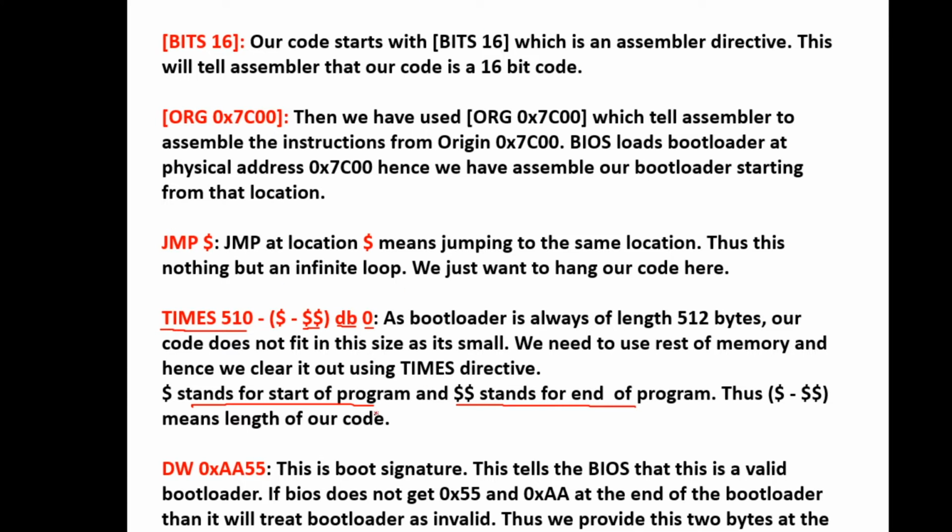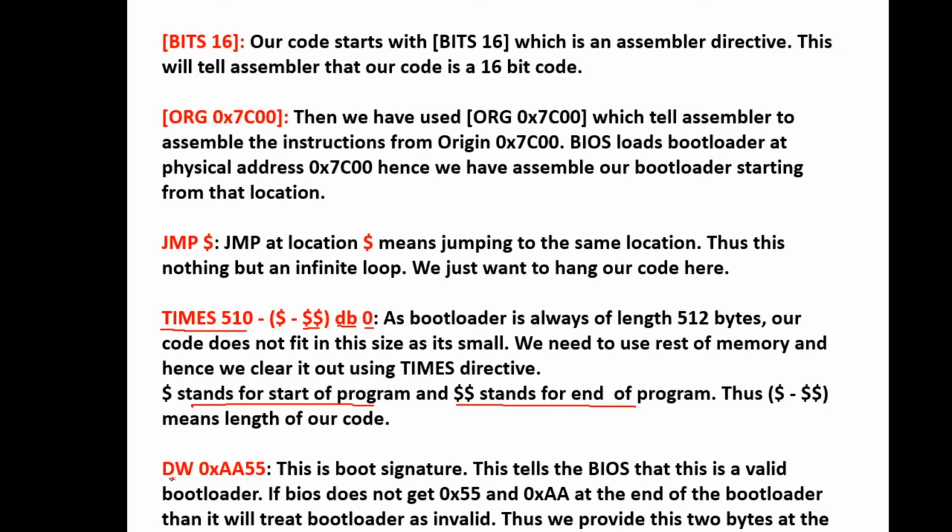That memory difference gets subtracted from 510, because the last 2 bytes are going to be accommodated with the magic number. For all the rest of the places we are going to store 0. Times indicates the same operation gets repeated. So dumping the value 0 gets repeated as per the calculated difference.